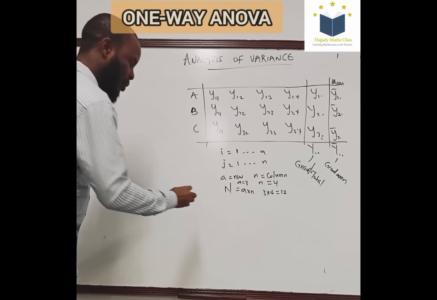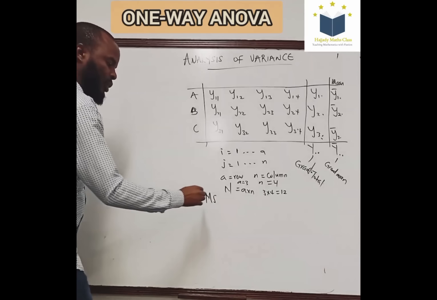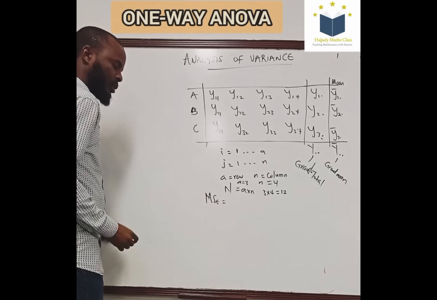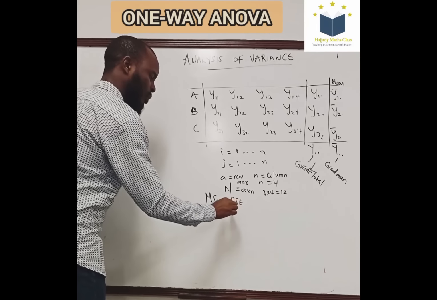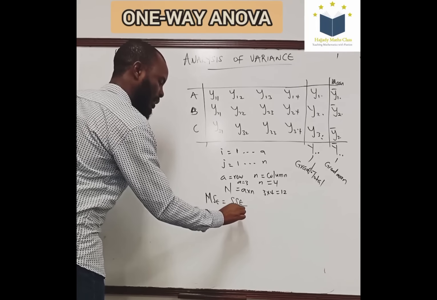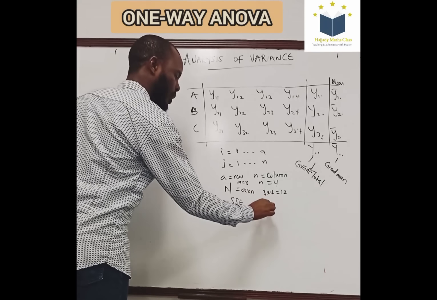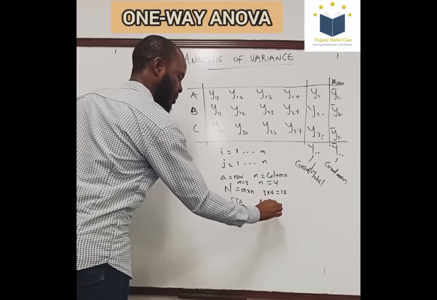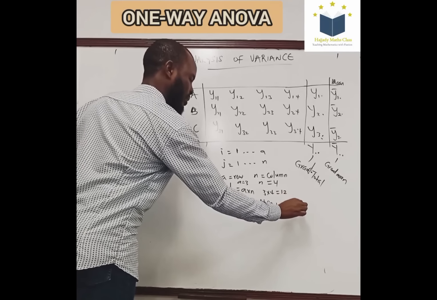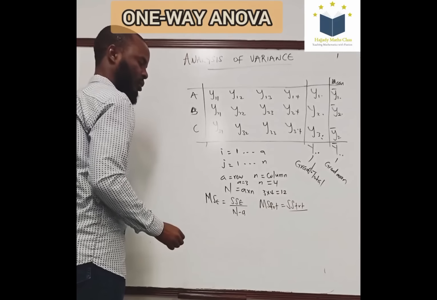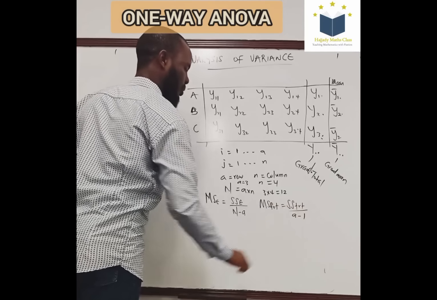So our mean square error is the same thing as SSE over N minus A, while my mean square treatment is SS treatment over A minus 1.